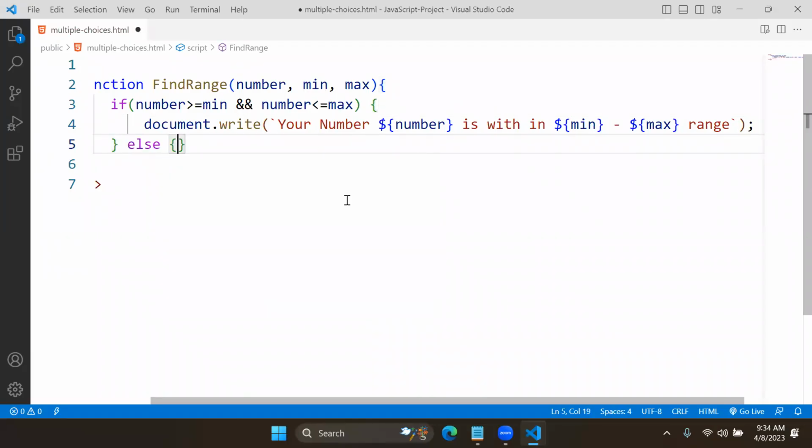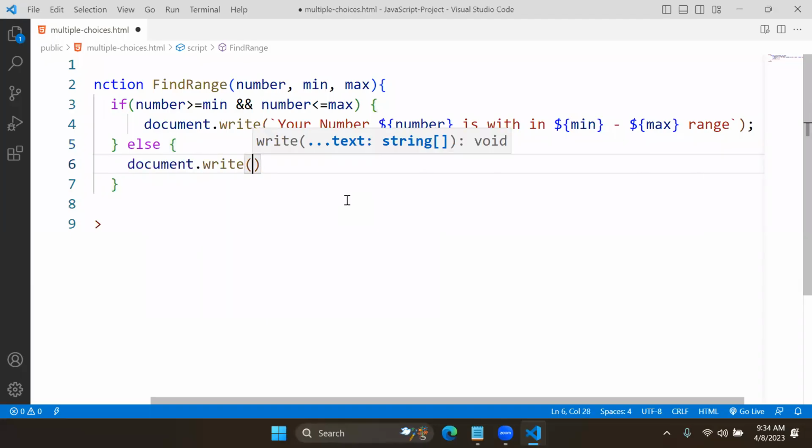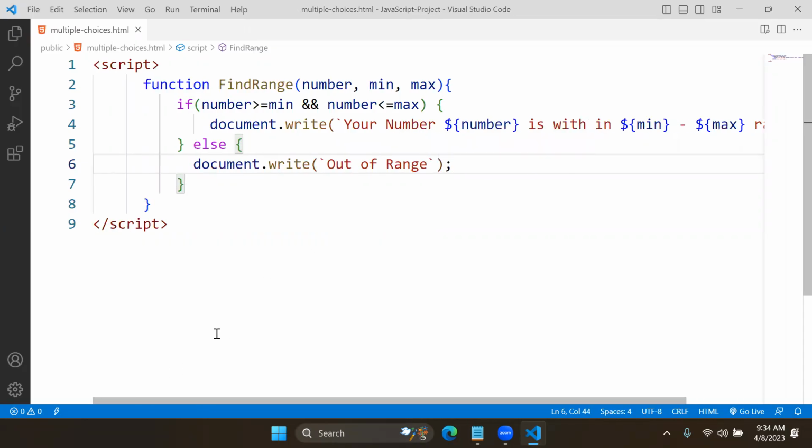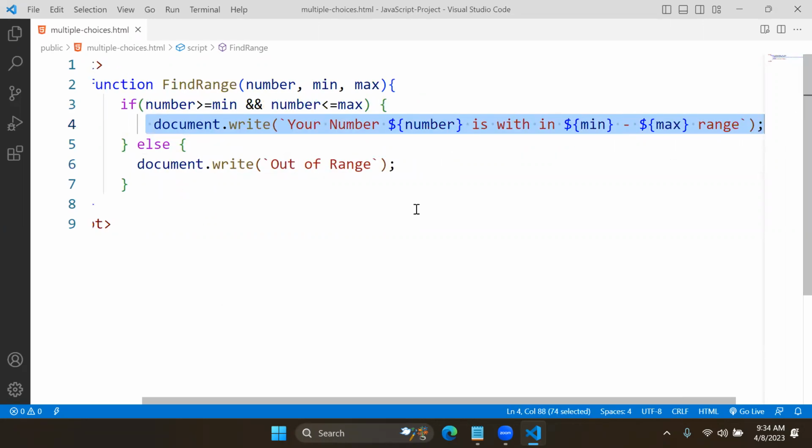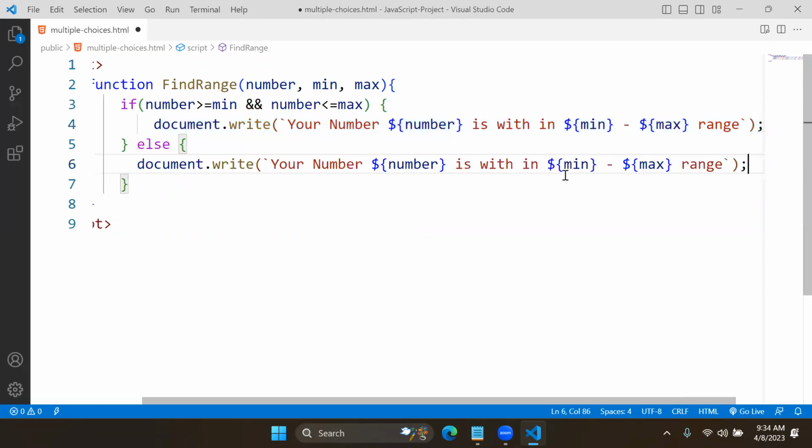Okay. Else document dot write, we will say out of range. This is optional. Same line you can print again: your number is out of range.